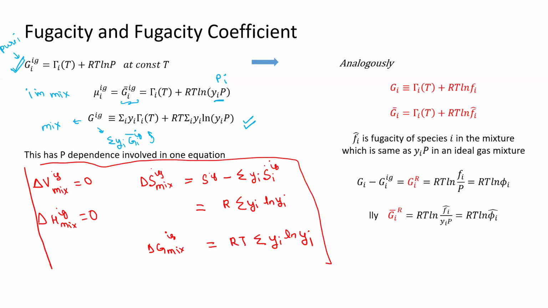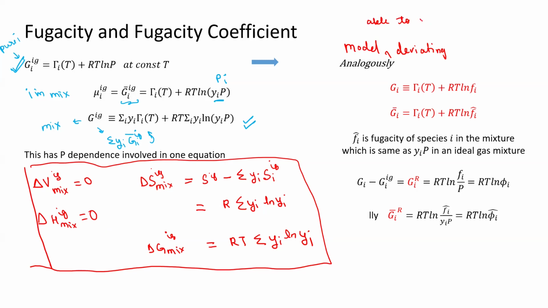Now coming to the analogous thing, what I said, a model which is able to describe deviation from ideality. So analogously, the G_i equals Gamma_i plus RT ln P is there now.